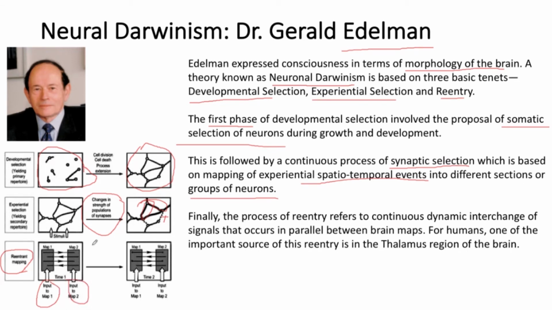It will continuously be in touch with each other, and this reentry would help in predicting what will be the output of the system. There are several reentry regions, and what Edelman said is that one of the important reentry regions is possibly the thalamus region of the brain.